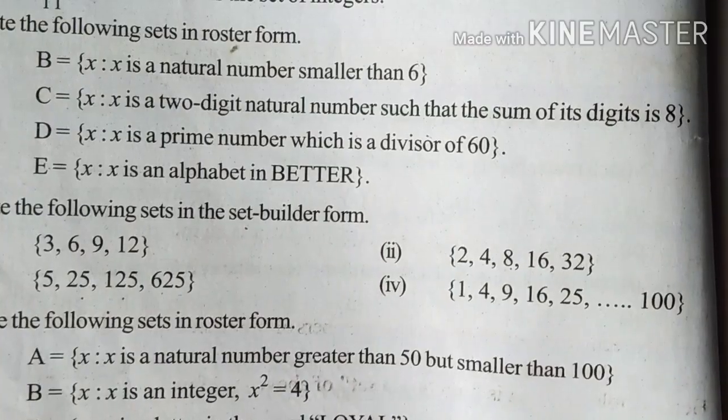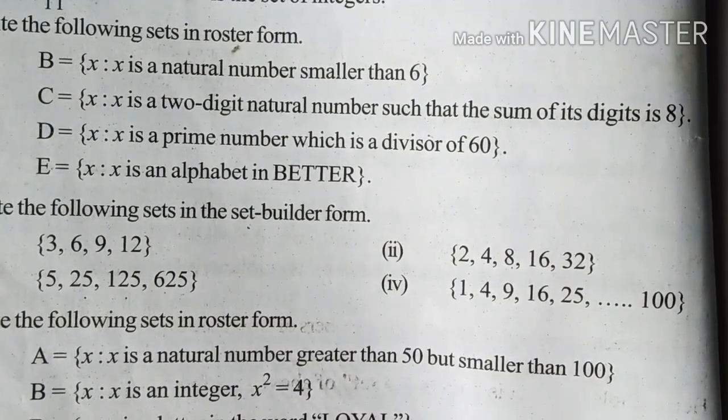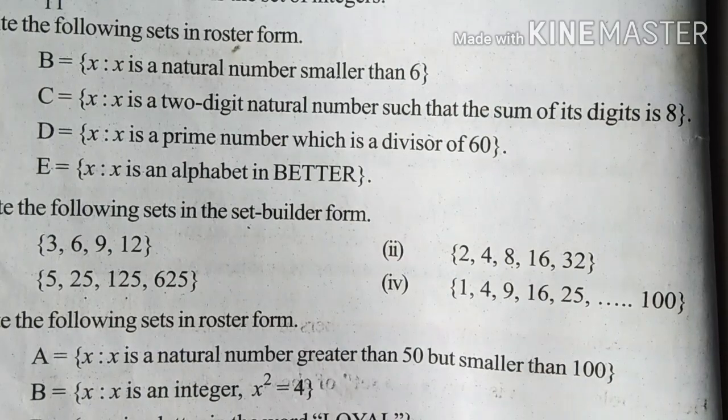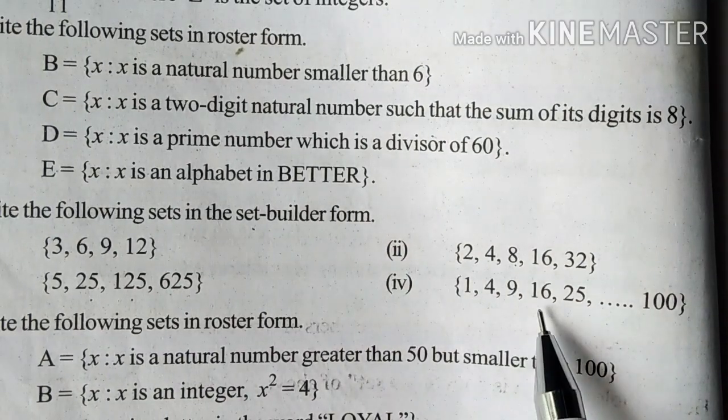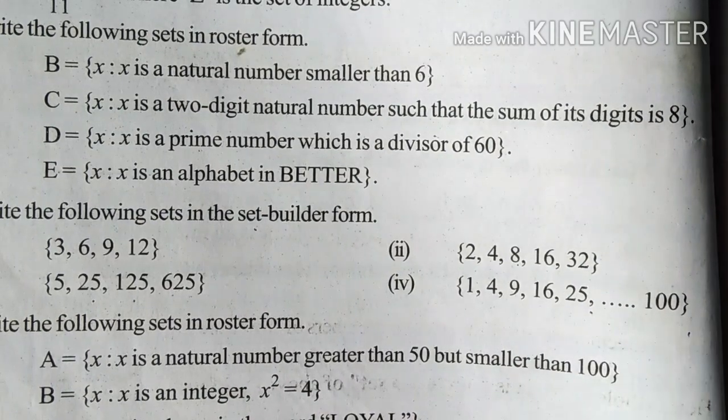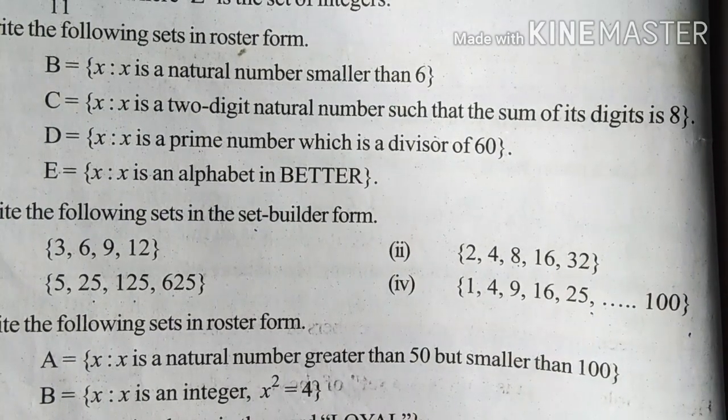Next, sixth bit, last one. What is the last one? Fourth one. 1, 4, 9, 16, 25, 100. We try to find what is the common thing in these numbers.